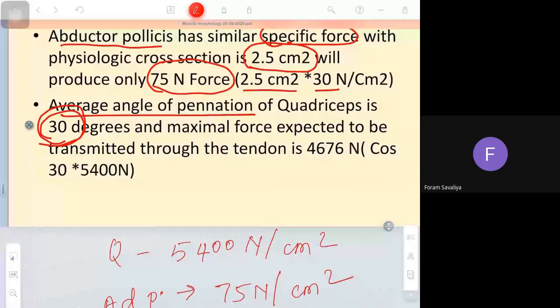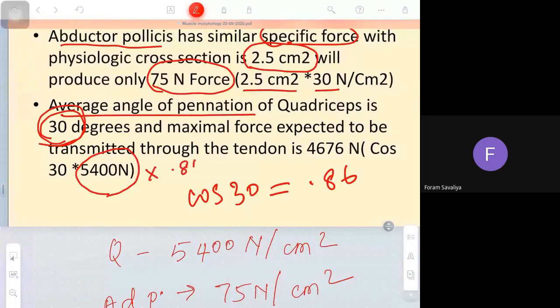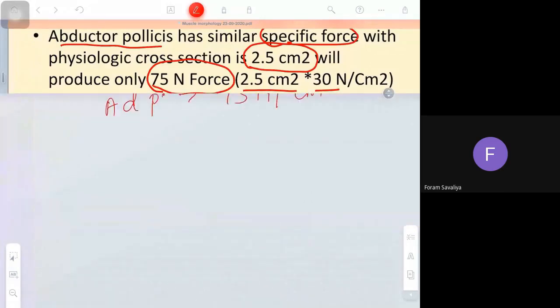Cos 30. What we discussed, it is 0.86. Cos 30 is 0.86 we studied. So 5,400 Newton multiplied by 0.86.